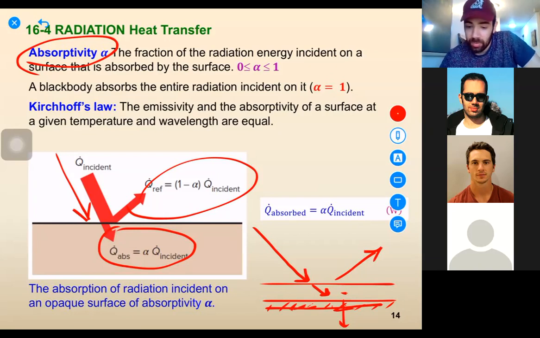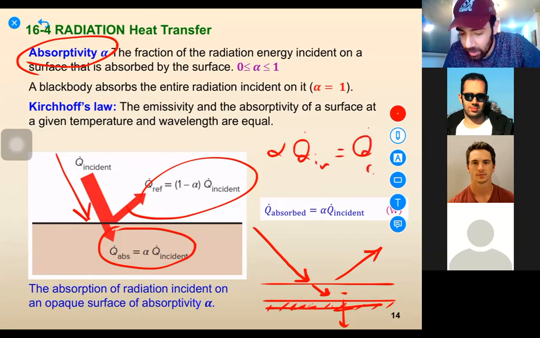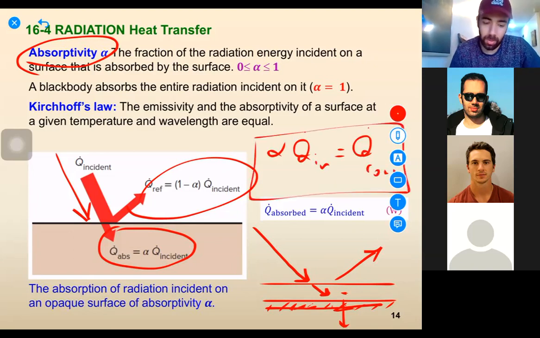The surrounding, for example, is air. We only have the convection term, that is the only way for transferring this amount of absorbed energy. So that absorbed energy, which is alpha times the input radiation term, should be equal to the Q of convection. We will see it in a couple of minutes again.